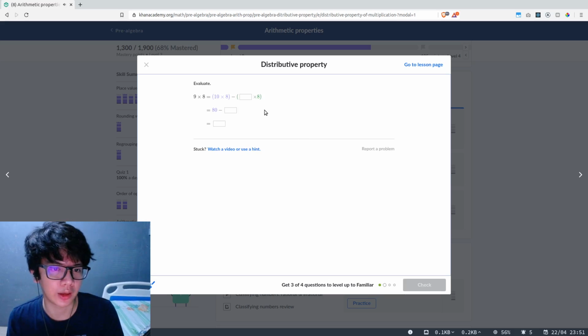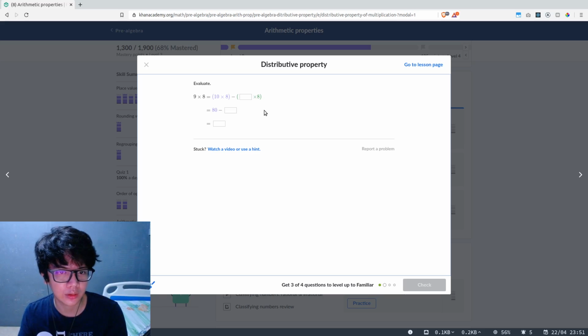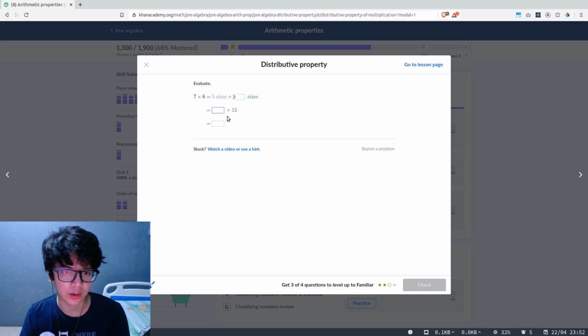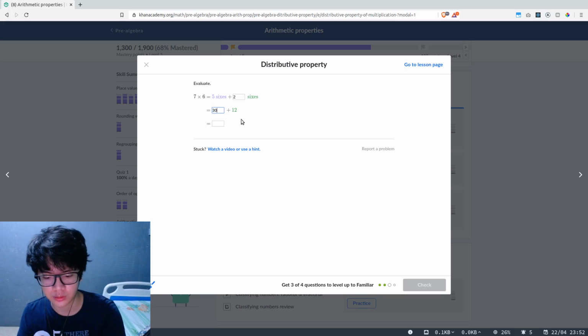7 times 4 is equal to 5 fours plus 2 fours. 2 fours, 8. 9 times 8 is equal to 10 times 8 minus 1 times 8, minus 8, 7. 6 times 6, 5 sixes and 1. No, 2 sixes. Then 12, and then like 5 sixes, 30.